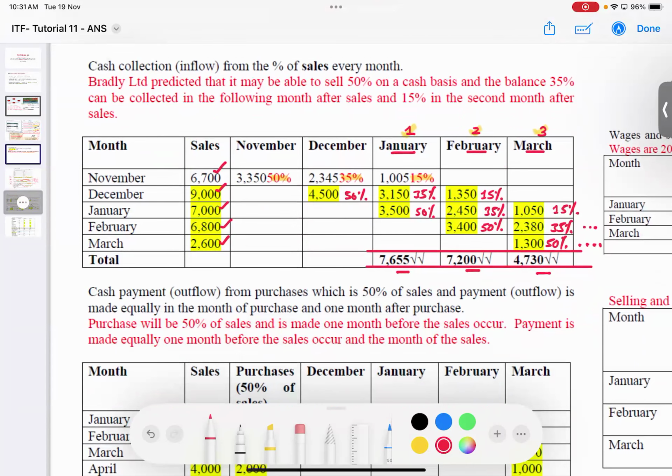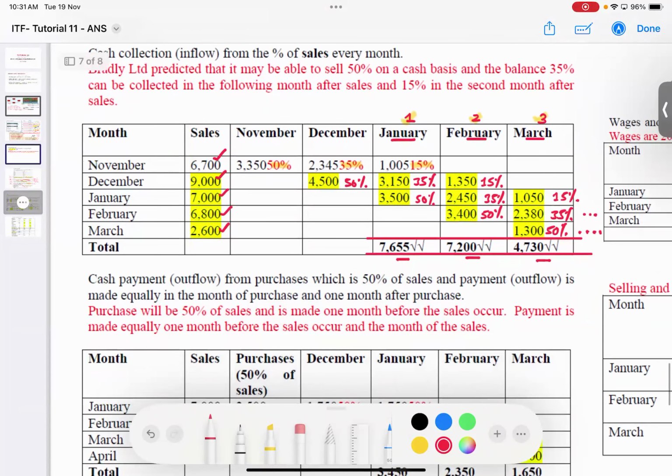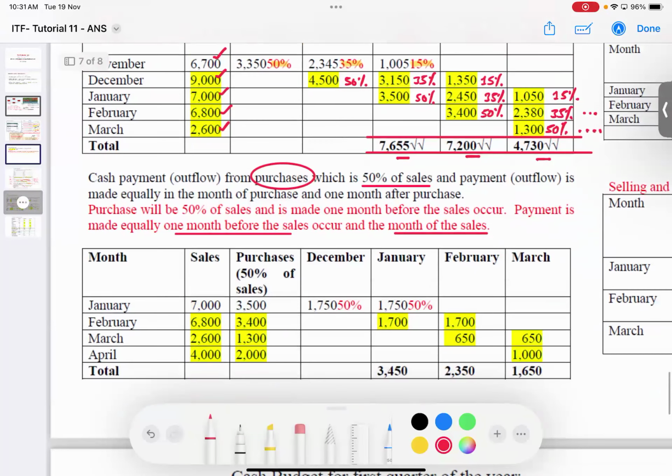Then you have cash outflow, the purchases. Purchases is 50% of the sales, and you make it 1 month before the sales and in the month of the sales. So for example, January, your sales is 7,000, 50% of the sales means 3,500.